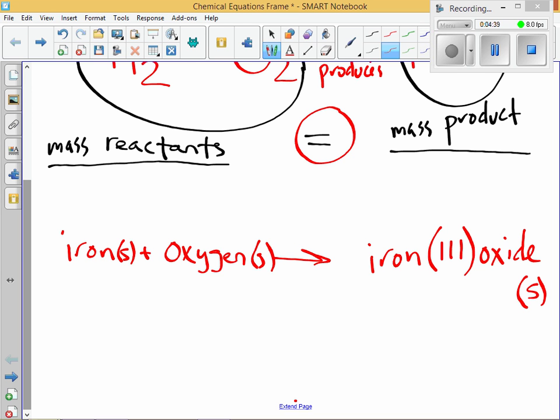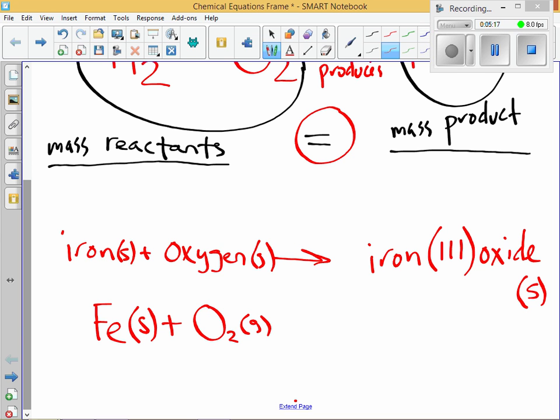This is a word equation. I'm explaining in words a chemical equation. Solid iron plus gaseous oxygen reacts to produce solid iron 3 oxide. I can also use symbols to express the same thing, and chemists, when they're writing equations, do express these as symbols. What's the symbol for iron? Fe, and it's a solid. What's the symbol for oxygen gas? Is it O or is it O2?